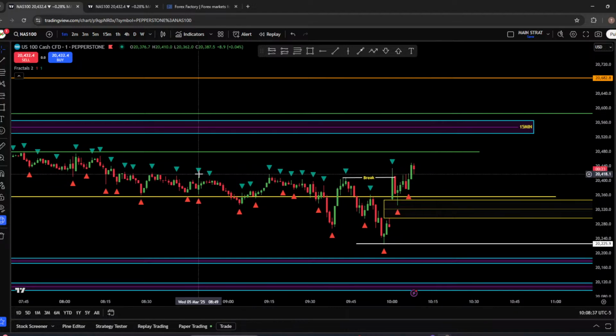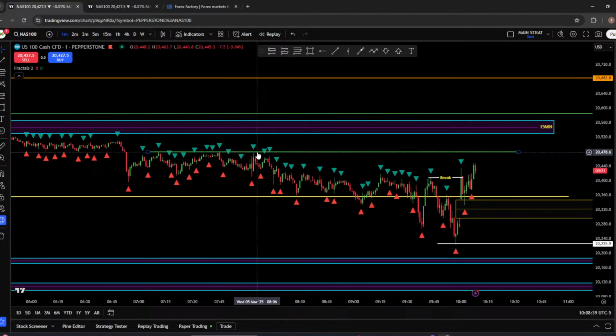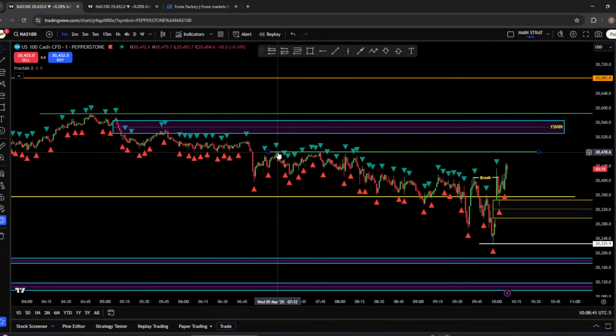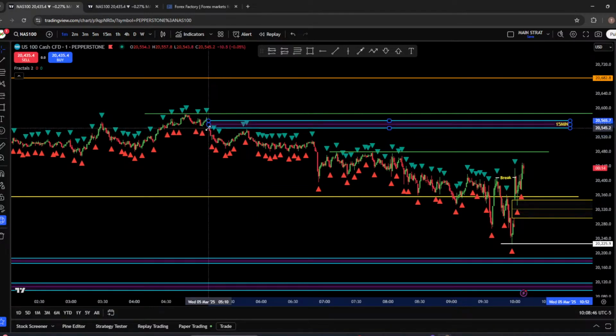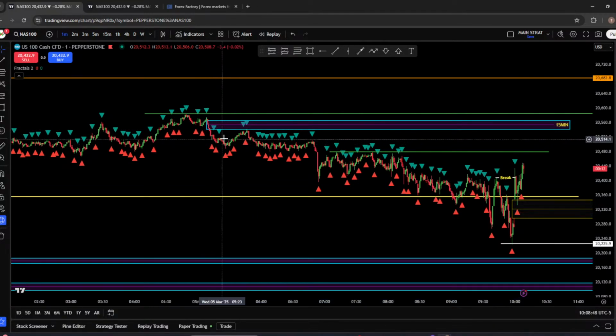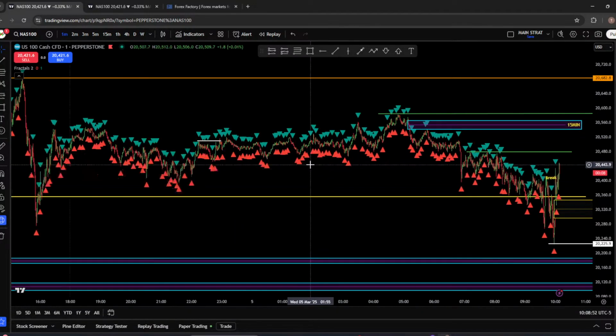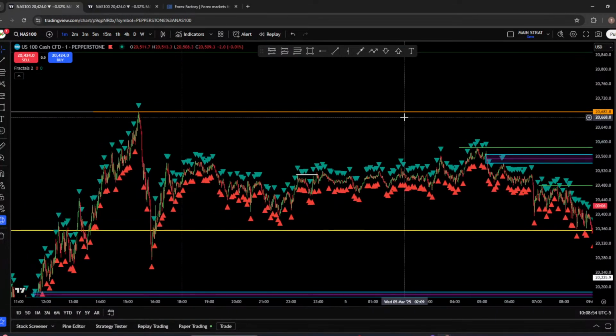Alright, we broke up of there. We're definitely heading towards that sell side. I'm sorry, buy side. And then possibly go up into that buy side here. Or, I'm sorry, that 15-minute fair value gap. And then a target could possibly be this high, yesterday's high.